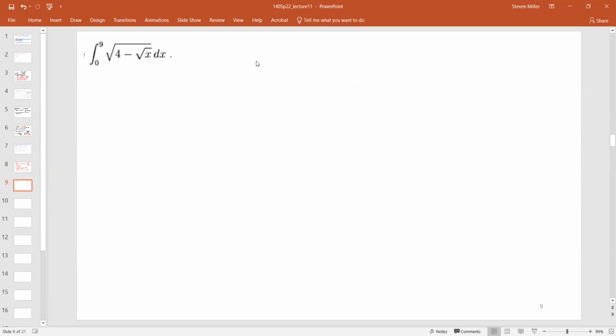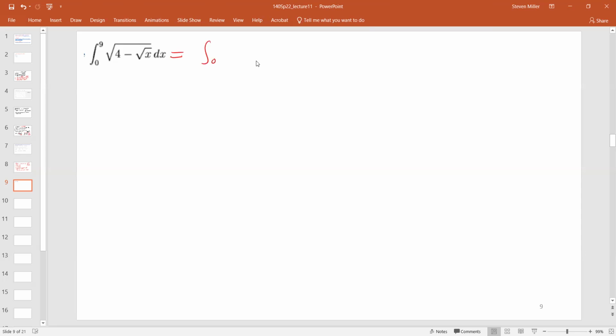When you look at this, it looks a little nasty. We've got a square root of a square root. So we need to think of something to try. It's just rewriting it, the same thing.